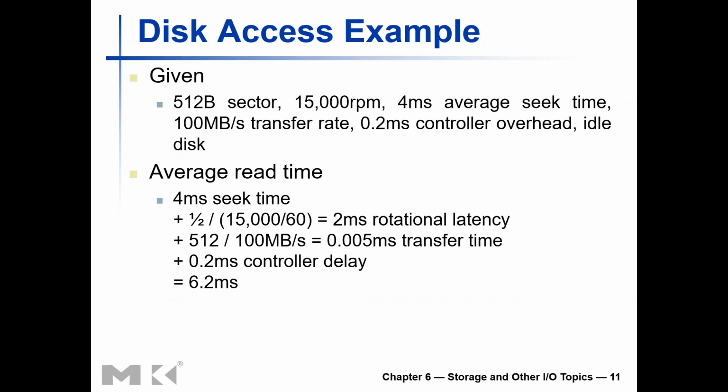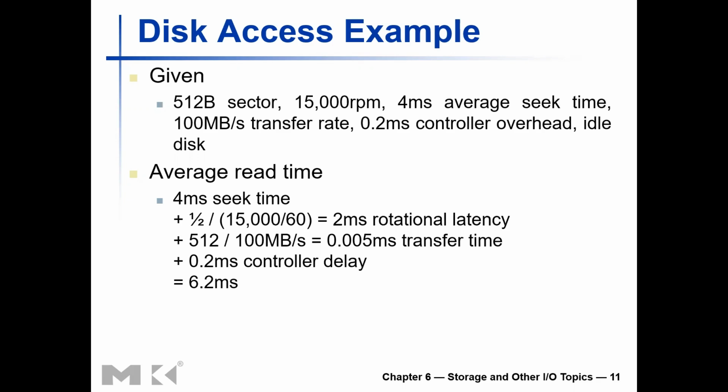And then we have a 4 millisecond seek time to position the head on the sector. Then a 100 MB per second transfer rate, and 0.2 millisecond controller overhead. We assume an idling disk.